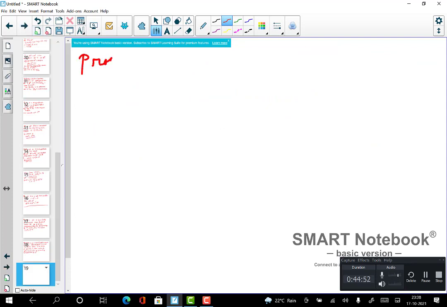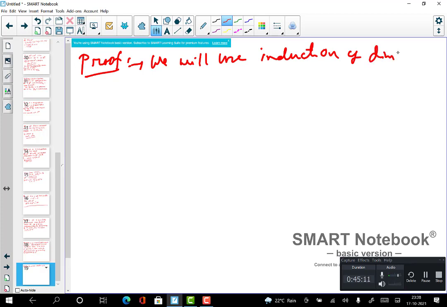So this is what we need to prove. Proof. Again we will obviously do mathematical induction on the dimension of V, which is n.